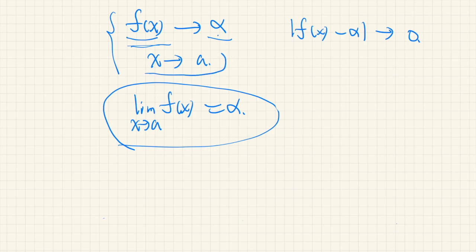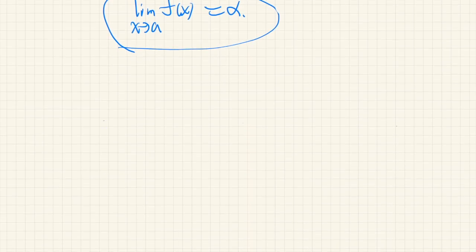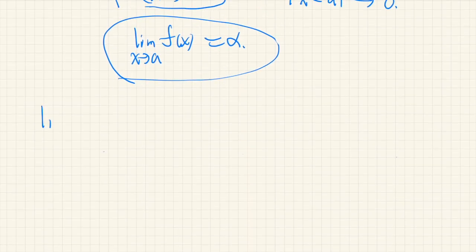And similarly, when we say x approaches a, that means the difference between x and a is converging to 0. Of course, we haven't defined convergence yet, but the meaning will be clearer later. So given this intuition, we define this limit of f of x is alpha as x goes to a by the following. Here's the definition.